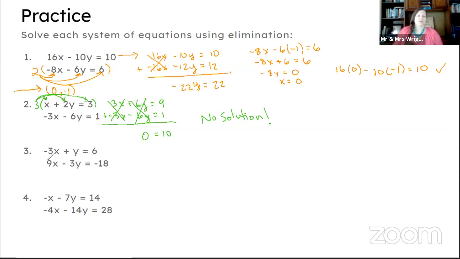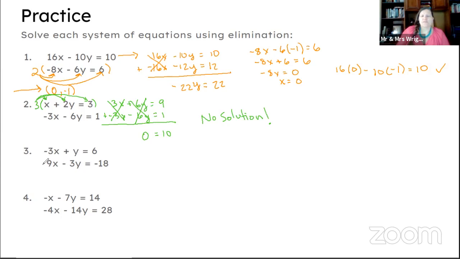All right, so let's move on here. We have -3x, +9x, +y, -3y. I'm not really concerned with these because I don't need to eliminate either one of those. I need to determine if I'm going to eliminate the x or the y in one of these equations. Well, I have a negative and a positive, and also a negative and a positive.